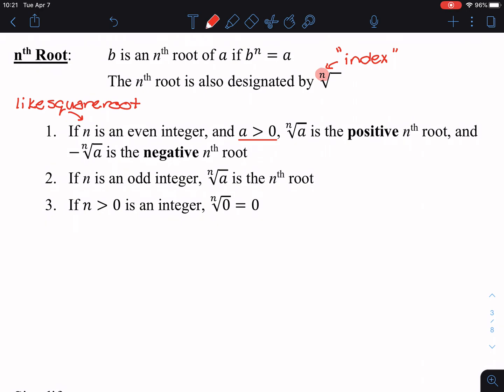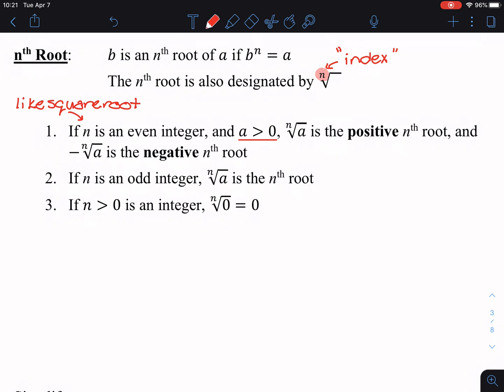If you have a positive number that you're taking an even root of, then if I want the positive root, I just write it with the radical and the index. If I want the negative root of that number, I put a negative out in front. Now, if n is an odd integer, things are a little different, but in some ways a lot easier.